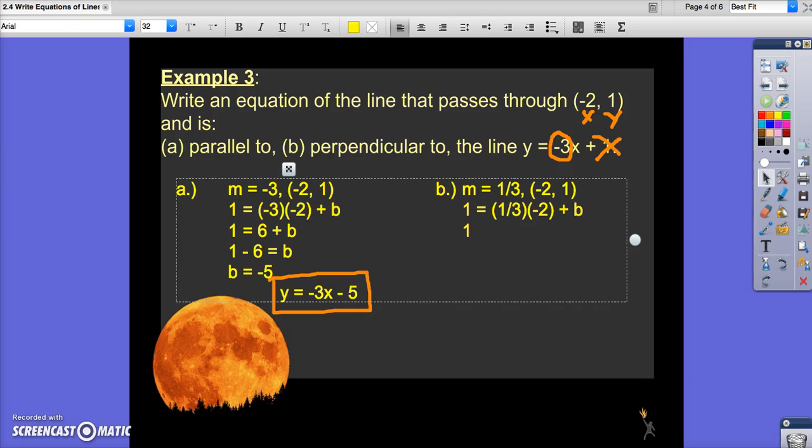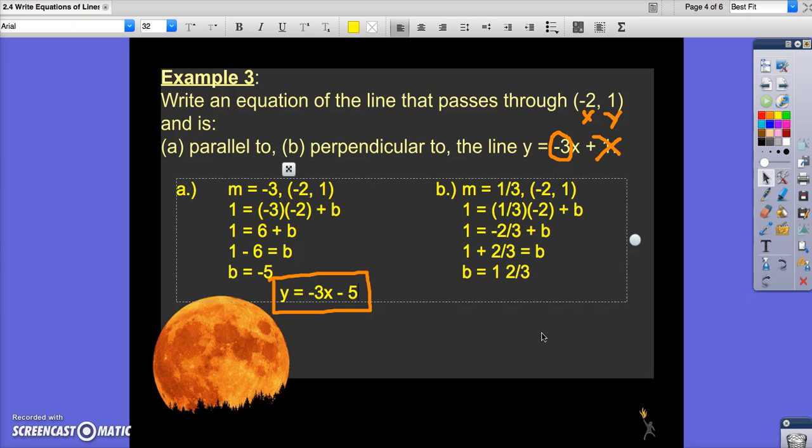I get 1 equals -2/3 plus b. 1 plus 2/3 equals b. B equals 1 and 2/3.